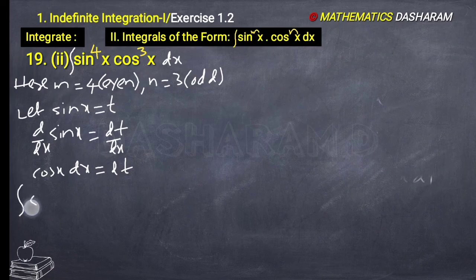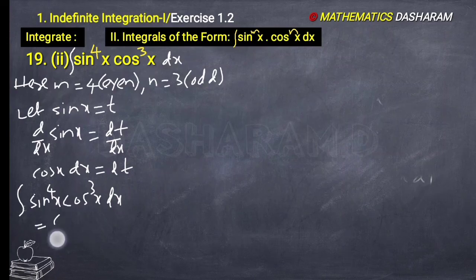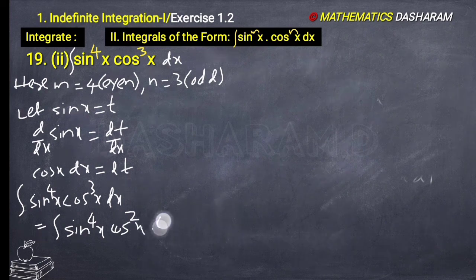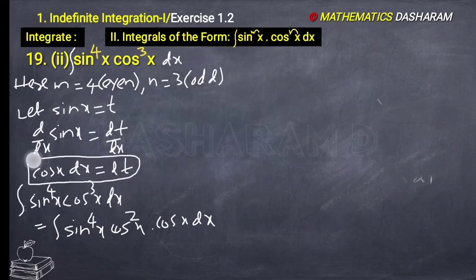So let's write the question once again. Sin to the power of 4x cos cube x dx equals, here integration sin to the power of 4x cos cube x, I am writing as cos square x into cos x dx, because we need to substitute this value, cos x dx equals dt.